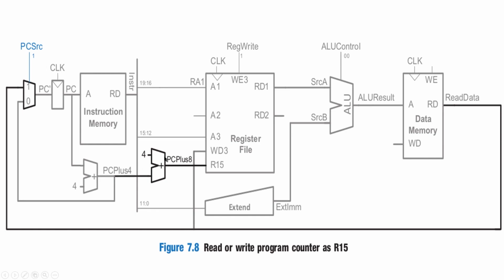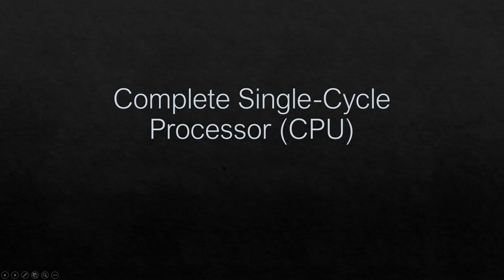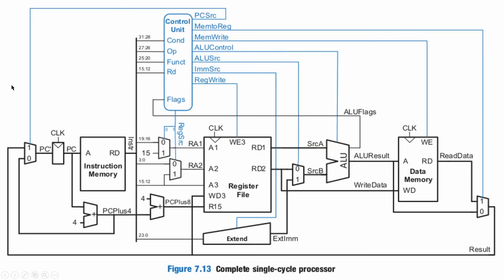So 4 plus 4 is going to be PC plus 8 into R15. This is the complete single cycle processor, or CPU. This is the diagram of the complete single cycle microarchitecture using the LDR instruction.